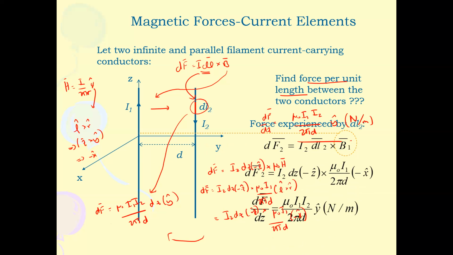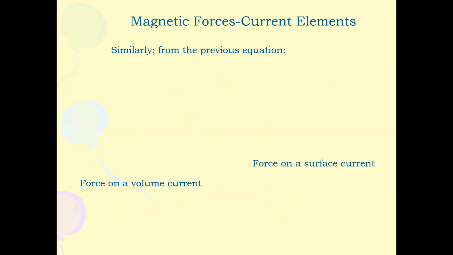We have discussed it earlier, right? This is the more general term of the force. What we have here is the force per unit length, a force produced on a filament current, so the element here is the filament current element, I dl vector.